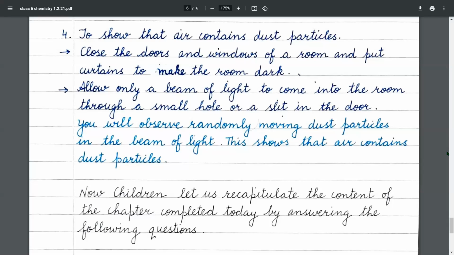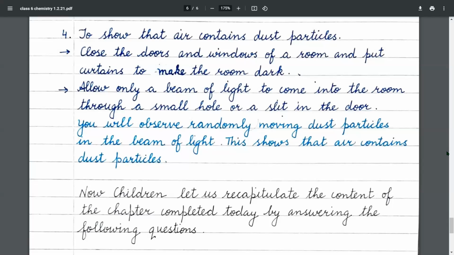Now, children, the last experiment is to show that air contains dust particles. Close the doors and windows of a room and put curtains to make the room dark.